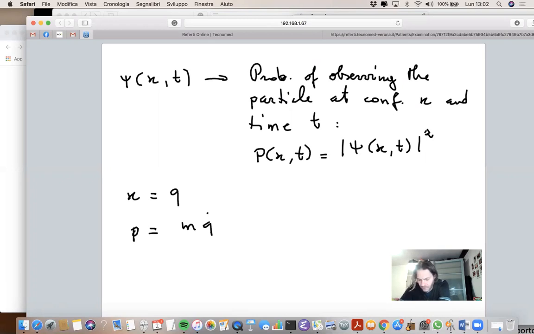So far, we have discussed what is the probability of observing a given configuration q at time t in quantum mechanics. What we now want to address is, can we say the same for the momentum?